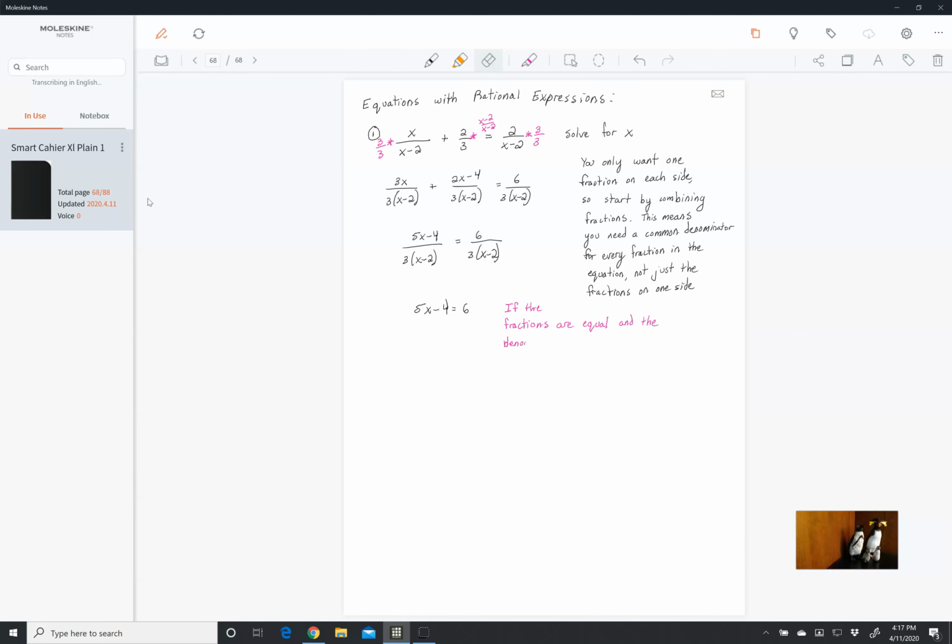The same thing would be true about numerators, but that's not going to apply because we're finding common denominators. The numerators must be equal. We are not canceling the denominators. We're ignoring them for now, okay?